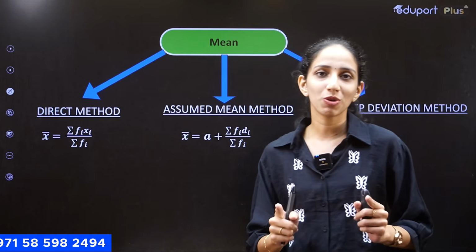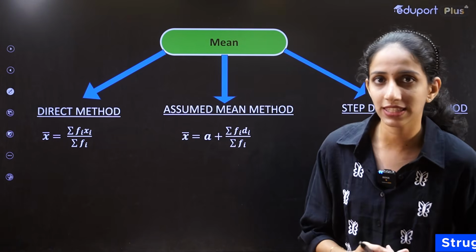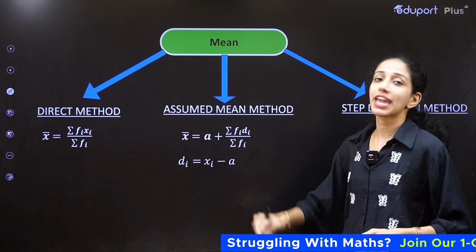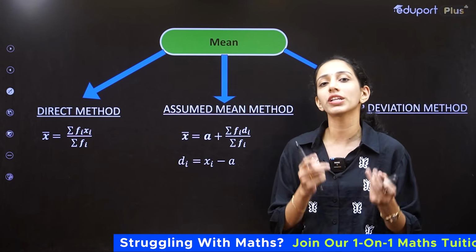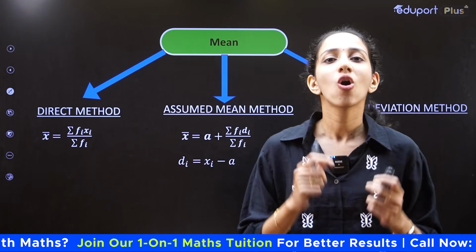A is the assumed mean. We can discuss how to find that while solving the problem. And di is xi minus a.